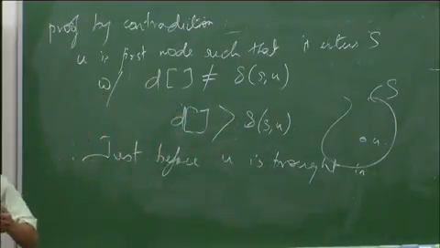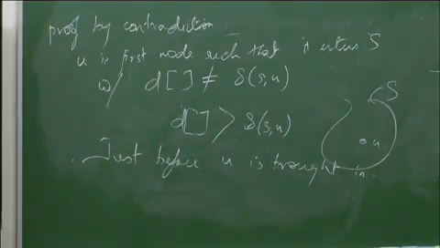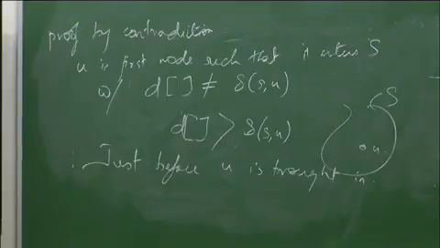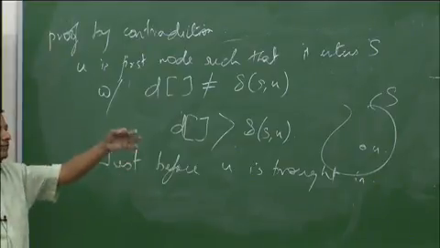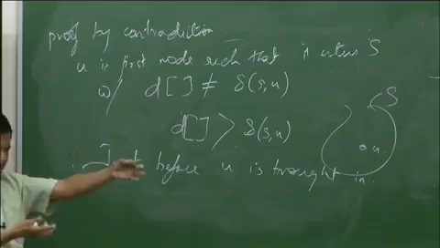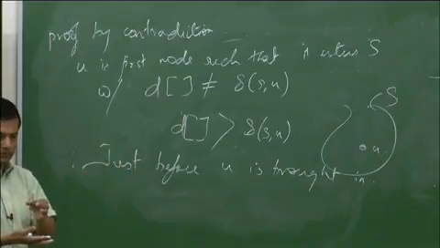This is just before you got pulled in. What can we say about the d values of everybody just before you got pulled in? Of all the people out there, each with d values, what can we say about the d value of u, assuming that it just got into S?